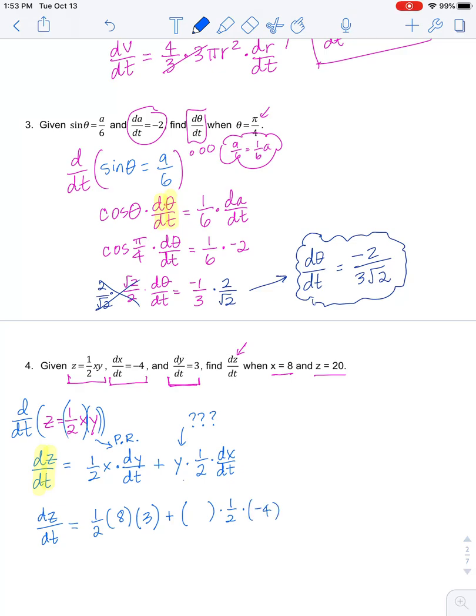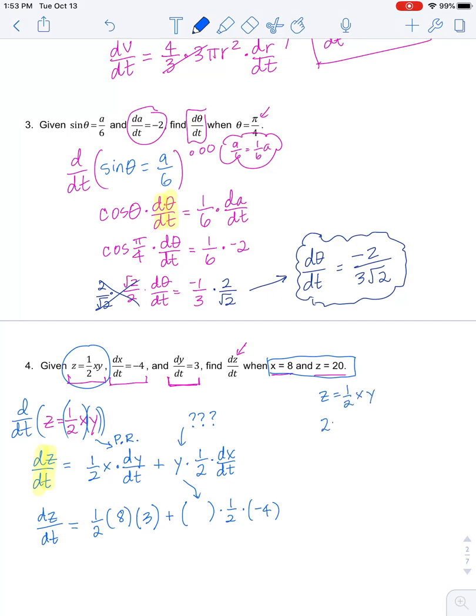I guess I lied when I said I was going to let you guys finish this one, because this does have a little wrench in it. So remember, and we did this for implicit differentiation too, that if you have points on the original function, you can use z equal to 1/2 xy to solve for whatever you need.